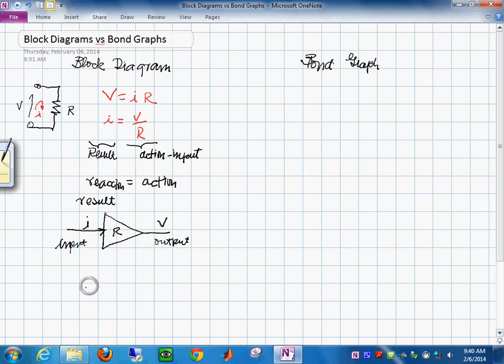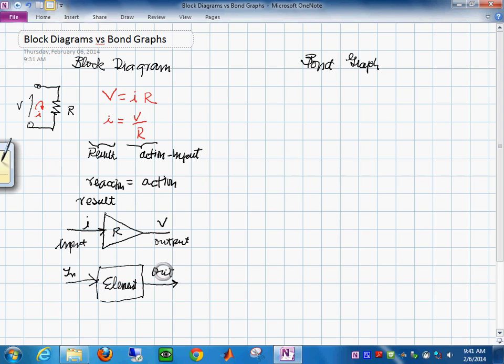You could represent it in a general term for any system, or for any element for that matter, this way. You can say this is the input, and this is the output over here, and this is the element. Let's call it, we could even say a system, or just call it element.